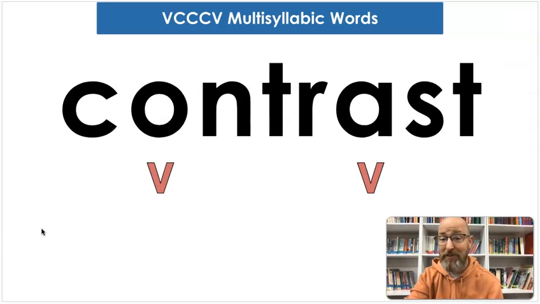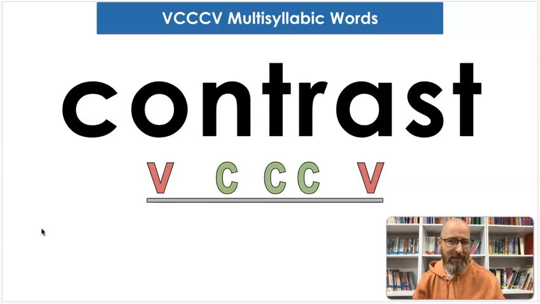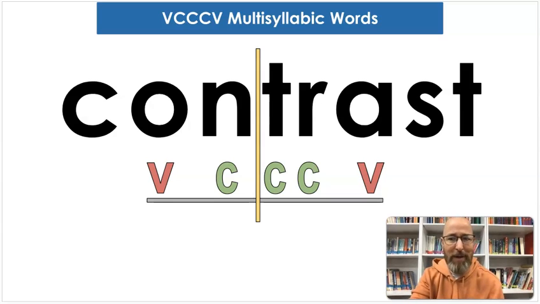Label your vowels. Draw your line. Label the consonants above the line. Do you see any blends? I do too. TR. So that line is probably going to go there again, as it usually does.